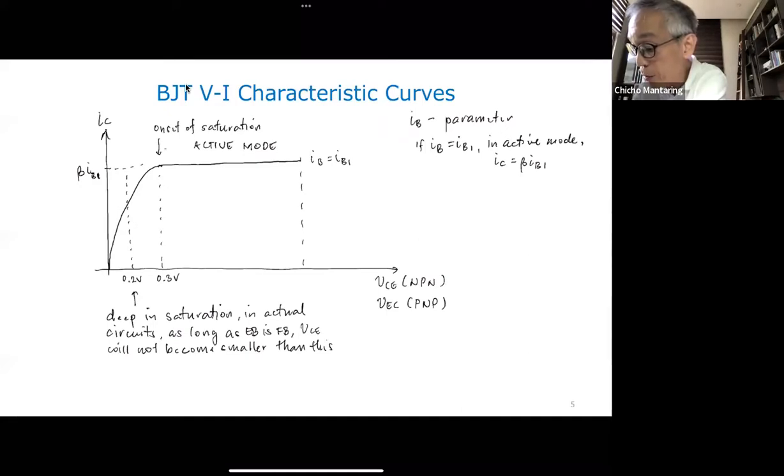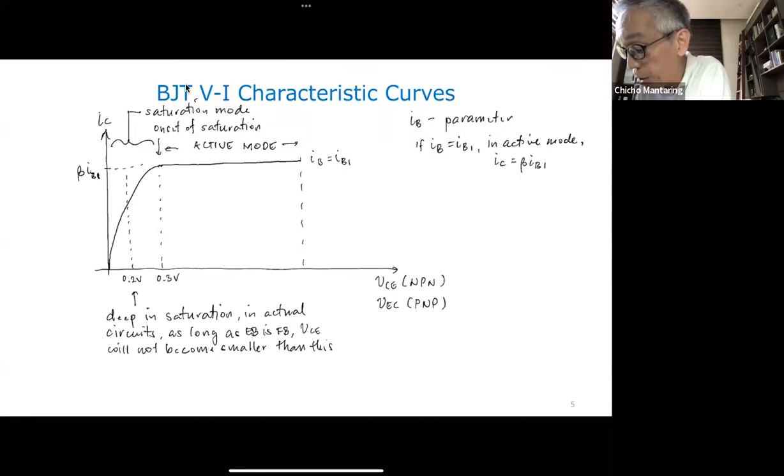So this is your active mode. And this area of operation, this is what you call your saturation mode. So we earlier learned that in saturation, both your emitter base and your collector base are forward biased. So you actually have a family of curves depending on the value of IB.